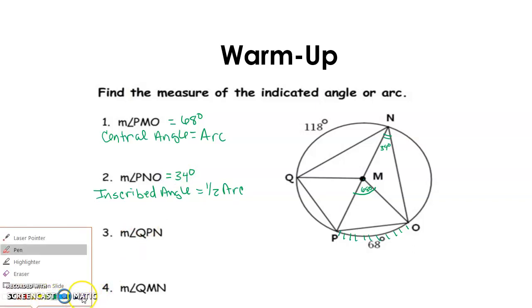Okay, continuing on, angle QPN. Let's trace it. QPN. All 3 of the points that define the angle are on the circle, so it's an inscribed angle. And it captures arc QN.